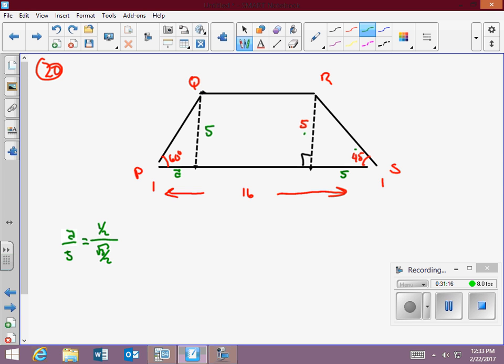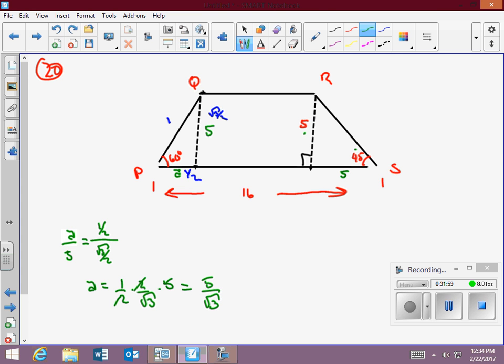Because the ratios as you go around here, this is 1, and this is the square root of 3 over 2, and this one's 1/2. So you could set it up that way and then solve for A. It's going to be 1/2 times 2 over the square root of 3 times 5, which is 5 over the square root of 3. So that's the length of this one.